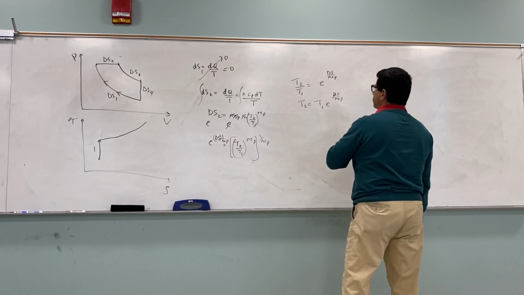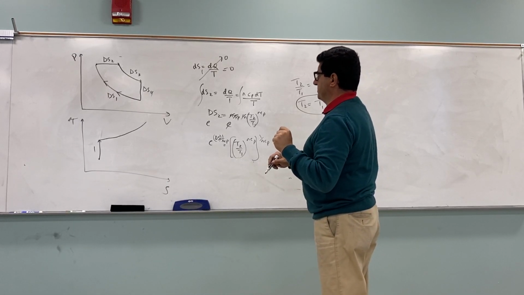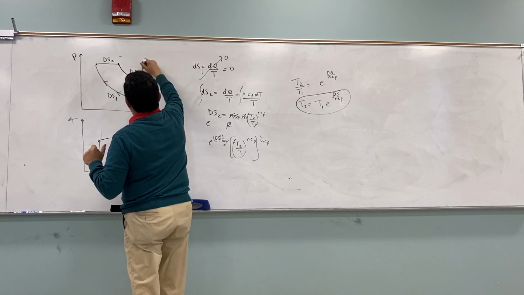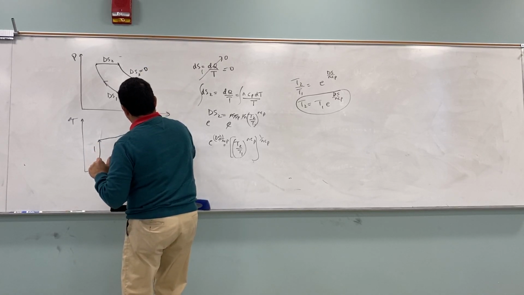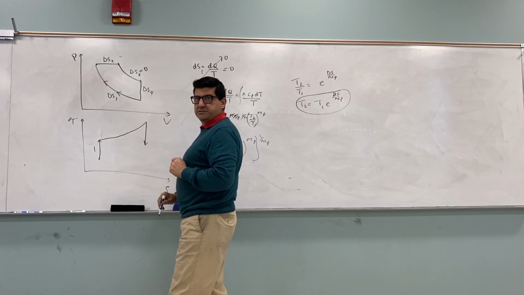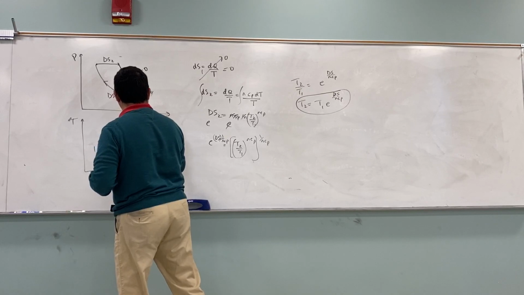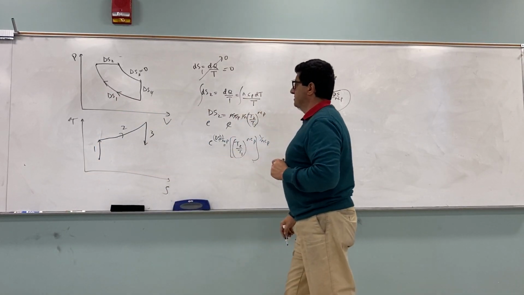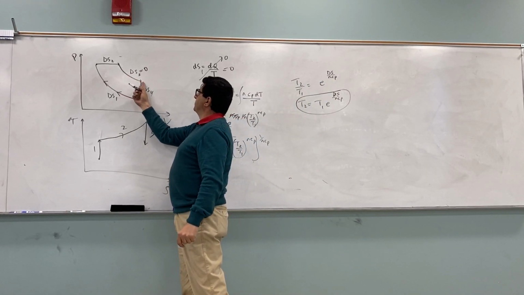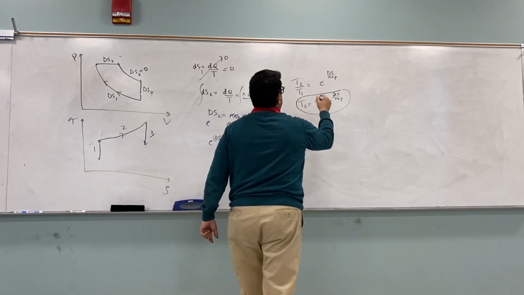Nice. Now what's left? Then delta S3 is also 0, right? So that goes down. The entropy is constant. This is the second stage, this is the third stage. How about isovolumic?